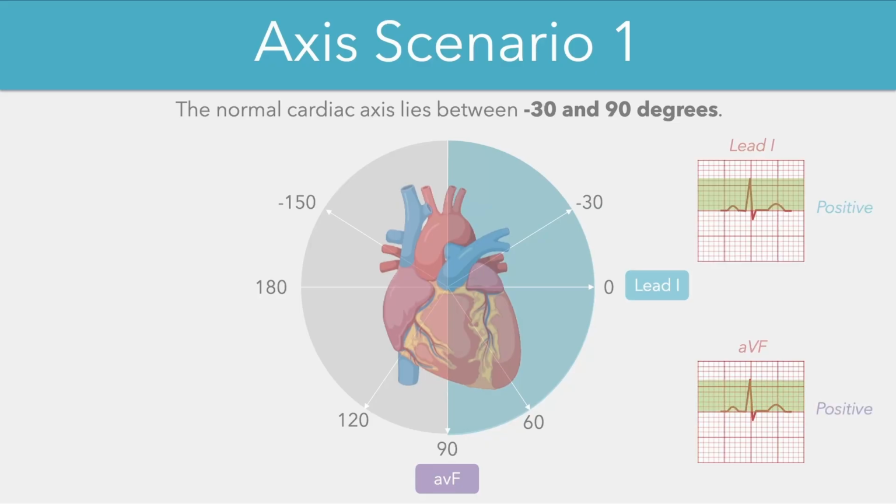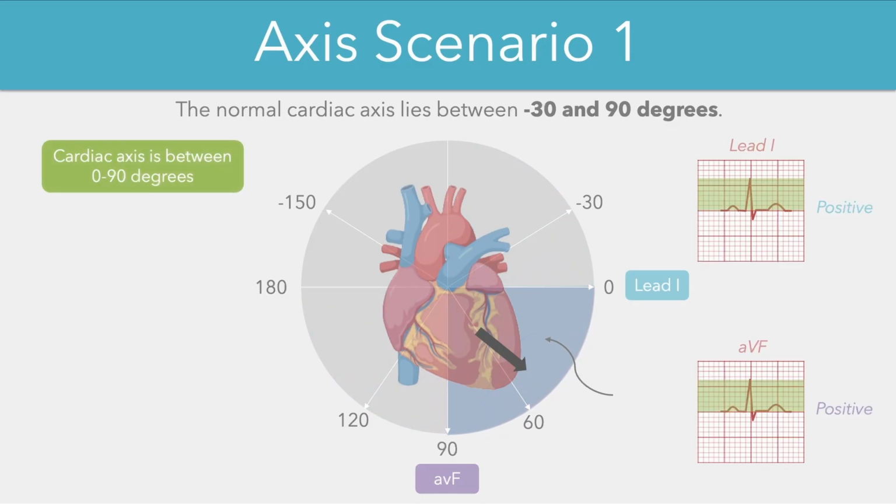This means that the impulse is traveling towards that lead and occupying the lower region of the axis. On the diagram, you can now see that we have this area of intersection where both of these hemispheres are combining. This suggests that the axis is inside this area of intersection, or between 0 to 90 degrees.